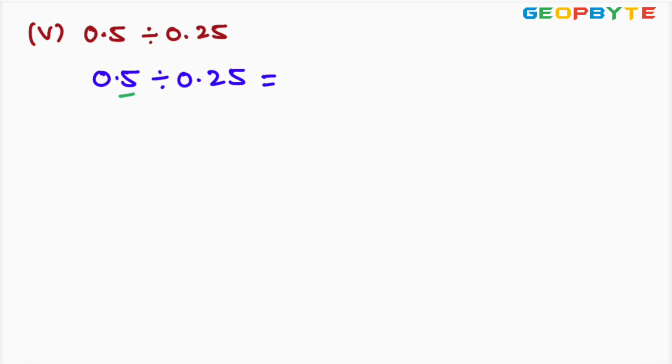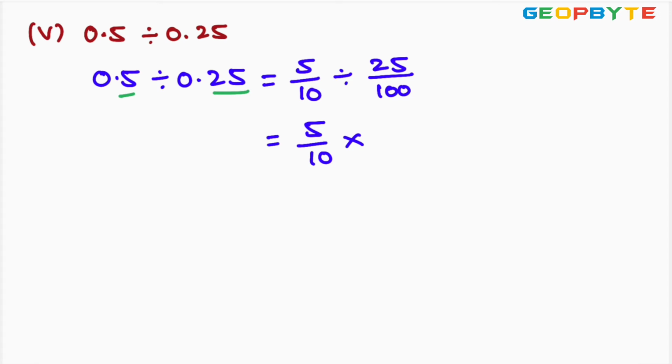So we can write it as 5 by 10 divided by, in the second number, after the decimal point, we are having two digits. So we can write it as 25 by 100, which is equal to 5 by 10 and the reciprocal. The reciprocal of 25 by 100 is 100 by 25.